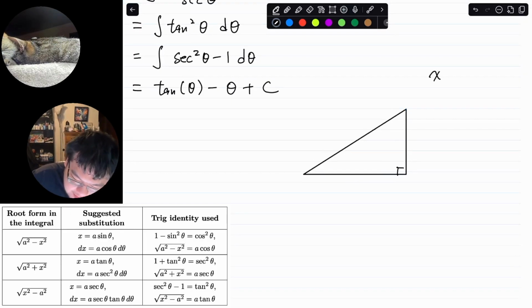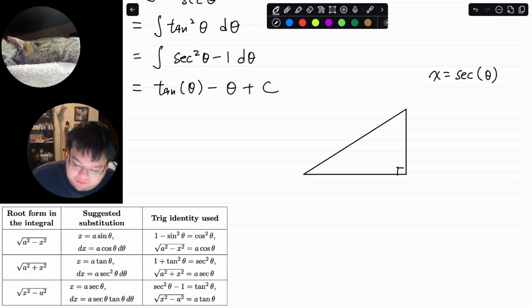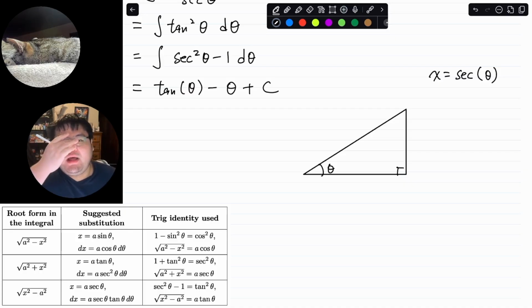So with x equals secant theta, let's mark this angle as theta. What is secant? Secant is actually 1 over cosine. Okay, so I have a trick that I taught my students, because sometimes it's very easy to forget.